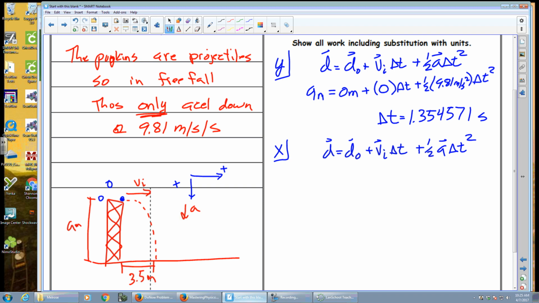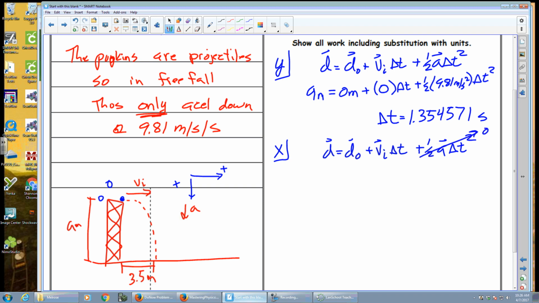How much does it accelerate in the x direction? Anybody? How much does it accelerate in the x direction? 0. Because what's the only thing affecting it? Which direction does gravity point? Down. So how much is it affected horizontally? None.